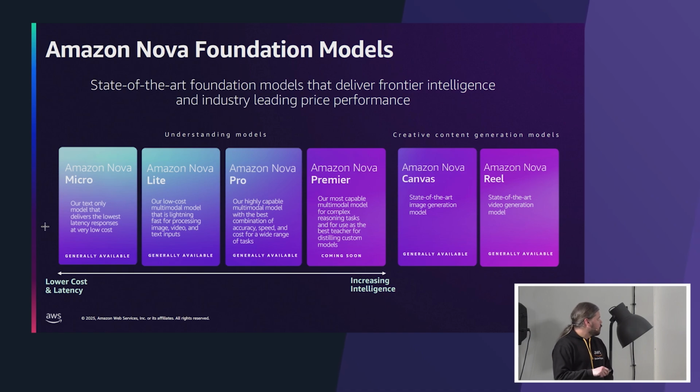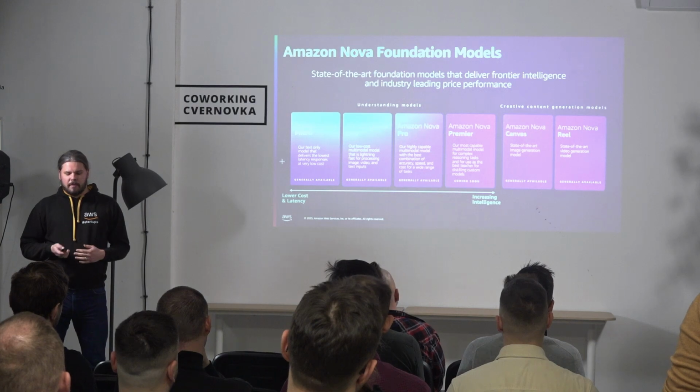I personally use the Pro model instead of Anthropic models right now. It's, as I said, very similar in performance to these. And especially, I would recommend trying out Nova Reel. It's fun to generate some videos. So these are the new models from Amazon.